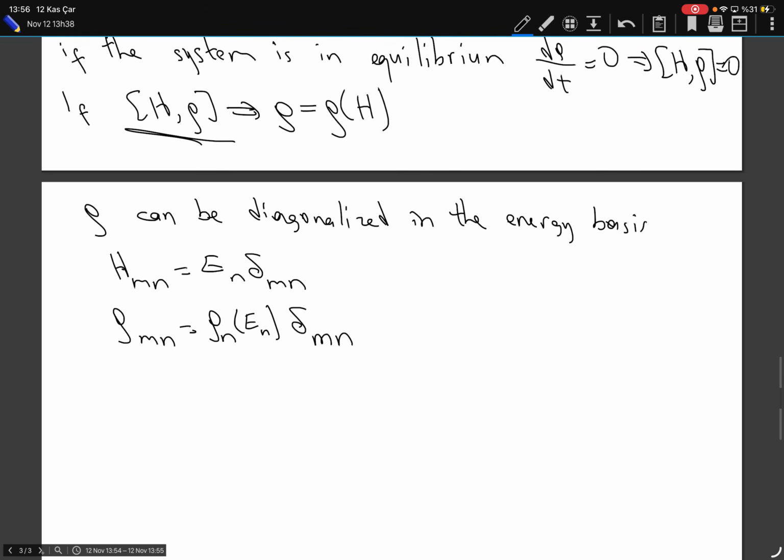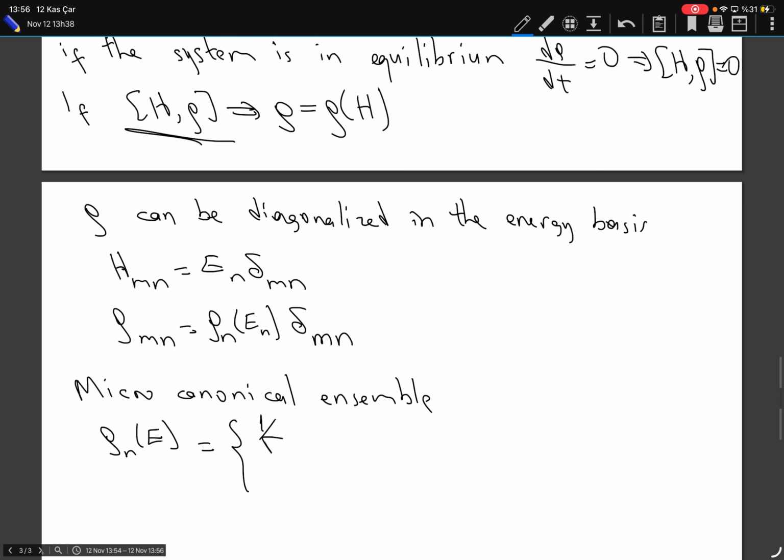Now then, what is this rho? And we have the microcanonical ensemble. Then rho_n of E is equal to 1 over gamma if n is an accessible state, and 0 otherwise.